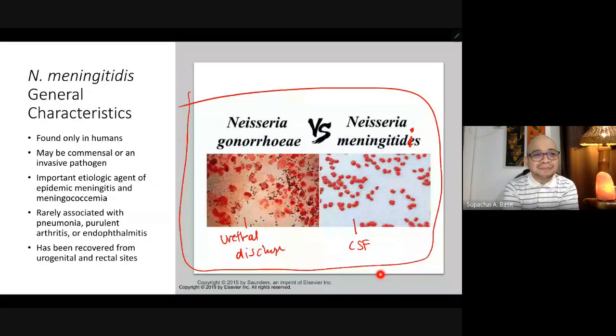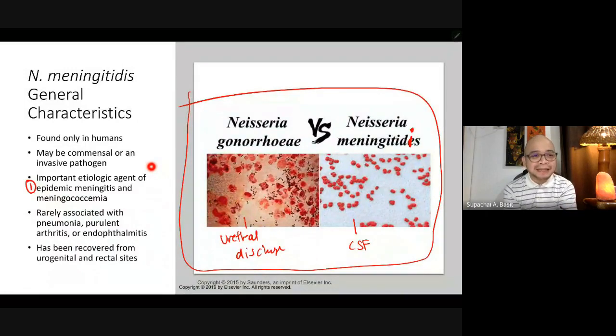And it is an important etiologic agent of epidemic meningitis and meningococcemia. Let me clarify the term. Why do we call it epidemic meningitis? Because it can easily be transmitted by means of respiratory droplets, the same way COVID-19 is transmitted.